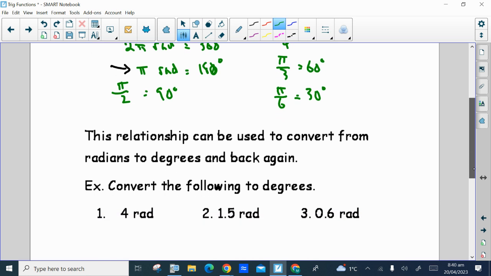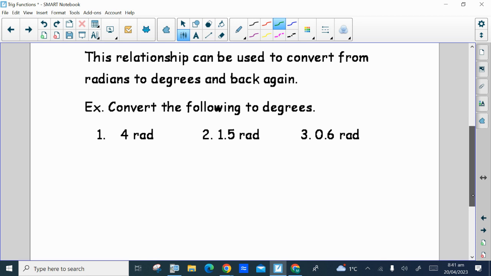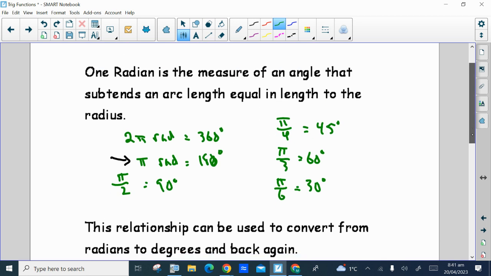So we saw that this relationship can be used to convert from radians to degrees and back again. If we start with that base relationship that pi radians is 180 degrees, and divide both sides by pi, pi divided by pi is 1, so you'll have 1 radian equals 180 degrees over pi.